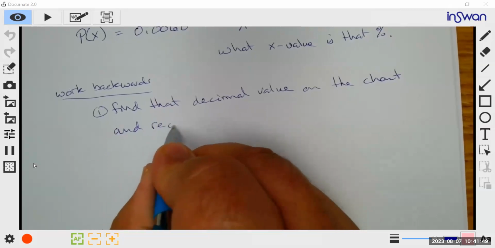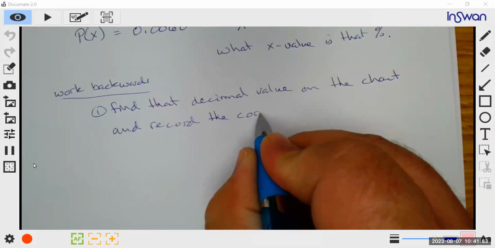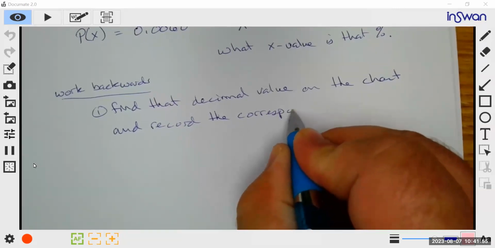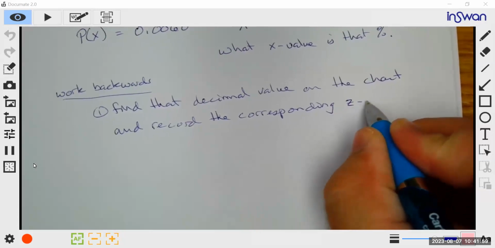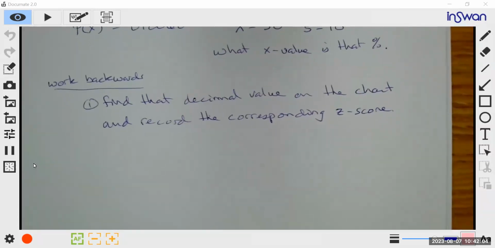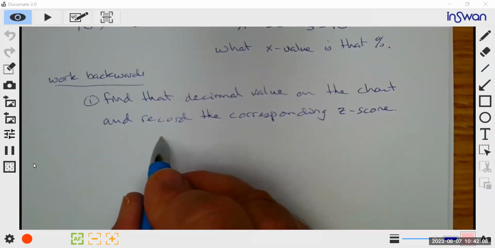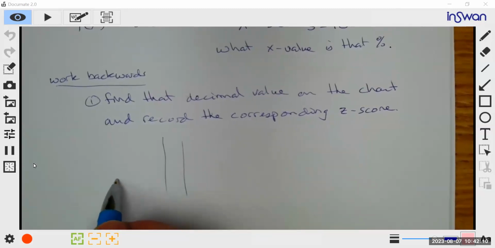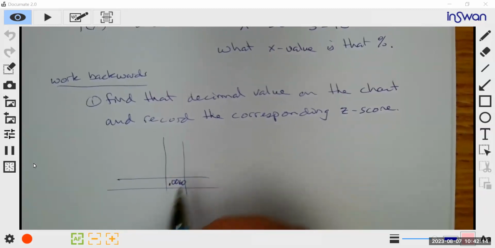And record the corresponding z value or z-score. So for our chart, we had 0.0060.